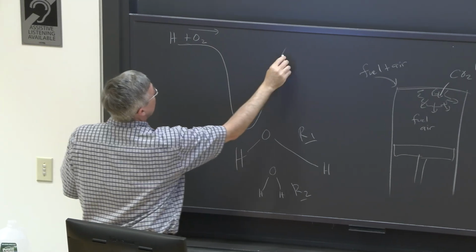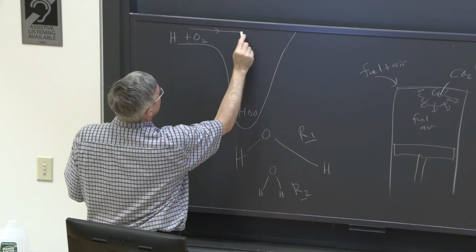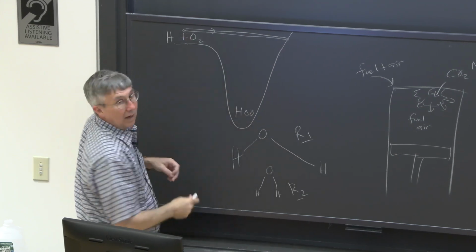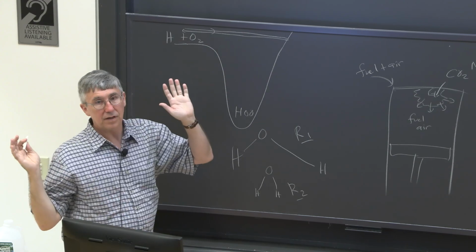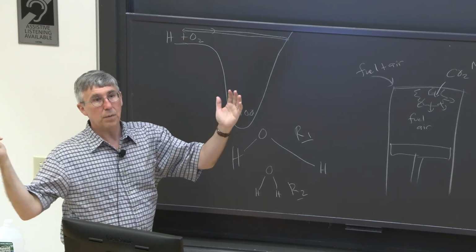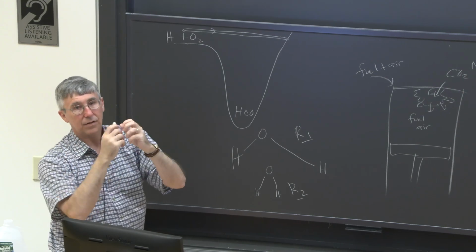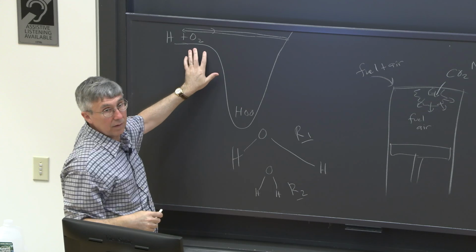So you come in with energy like this, and the thing that can happen is you can just go in and bounce off this back wall and come right back out and not have any reaction. And at low pressure, this is what happens. So at low pressure, it doesn't react. The H atoms bump into the O2s, but they only transiently stick together, and the H atom comes right back off because it has energy way above the dissociation limit.